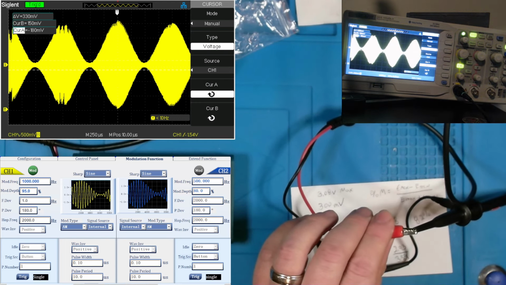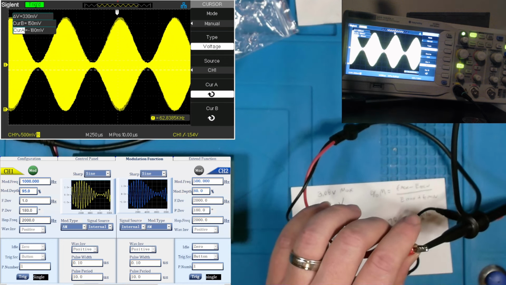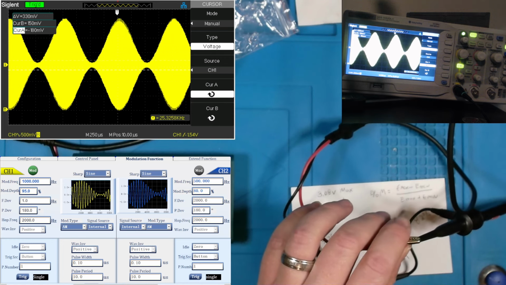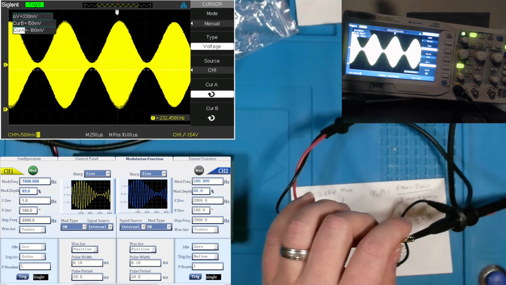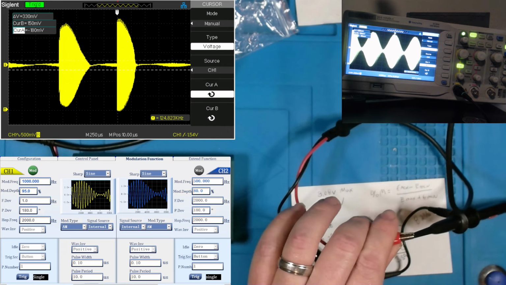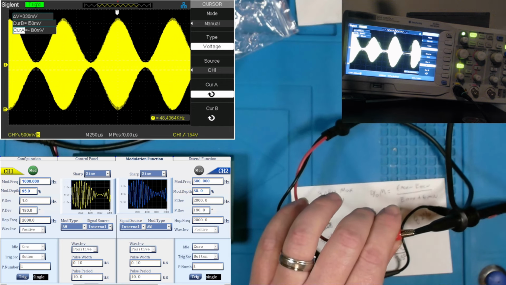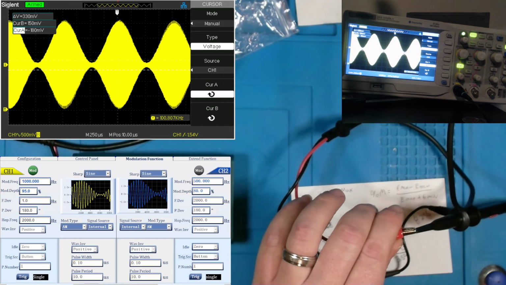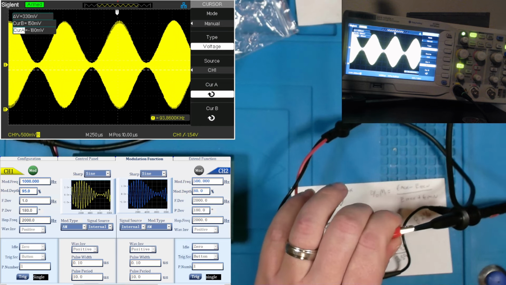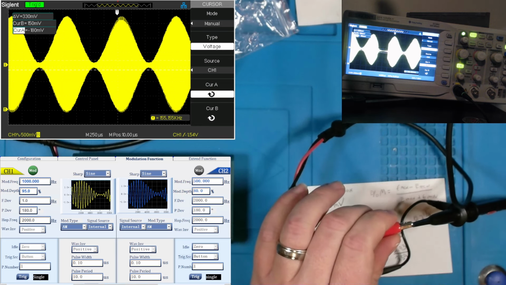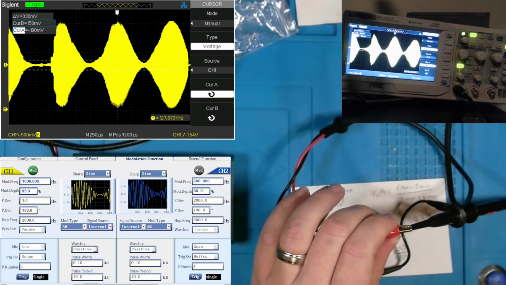When I squeeze these cables, you can see it's causing the oscope to catch up with that signal coming in. But you see how we make that signal asymmetrical on one side just by turning the cable a little bit.